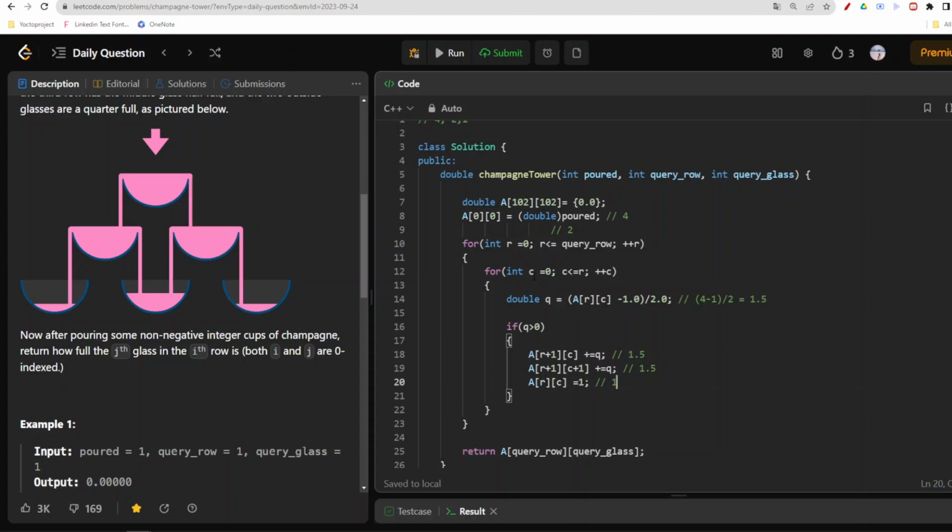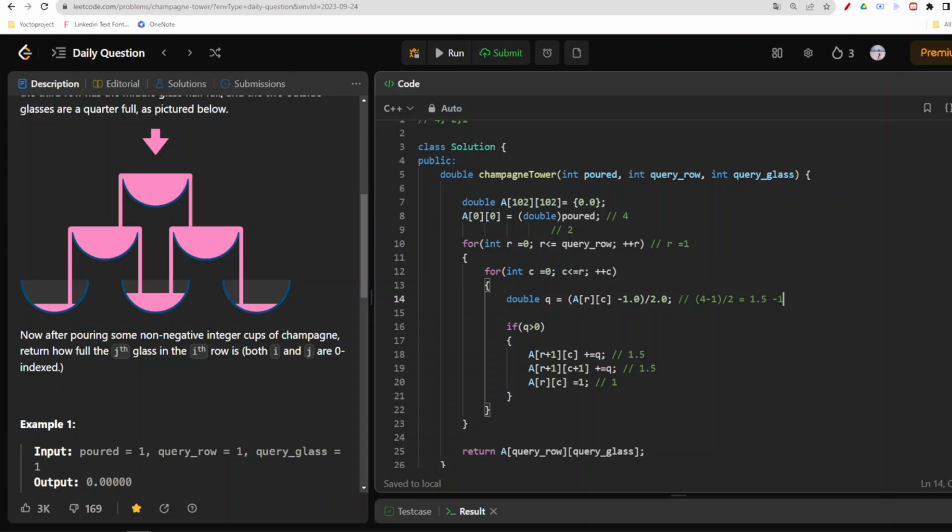Now this was when c was equal to 0 and r is equal to 0, right? So when it incremented, it will check, so it will be equal to 0. So now next it won't execute. Now again it will come to r equals to 1. So when it's r equals to 1, now at c equals to 0, we are having 1.5, right?